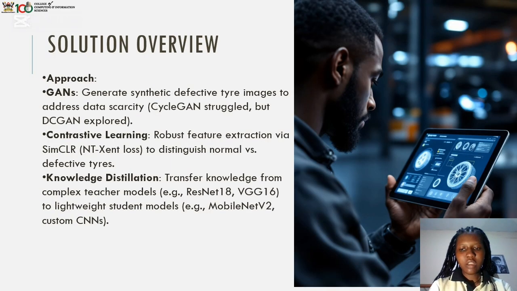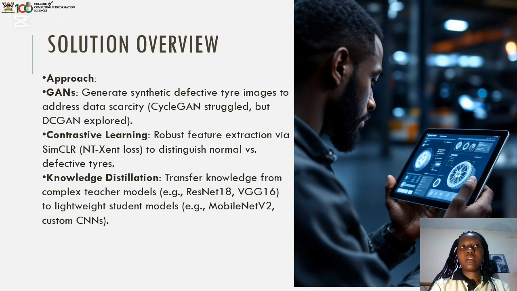Yes. Our approach was that we wanted to generate synthetic defect or tire images to address data scarcity. Luckily, we were able to land on a good data set with enough photos. So the cyclogram struggled a bit, but we explored both cyclogram and BCGANs. We used contrastive learning.